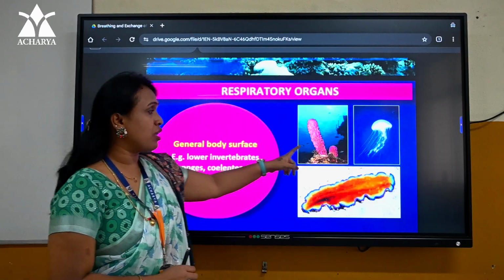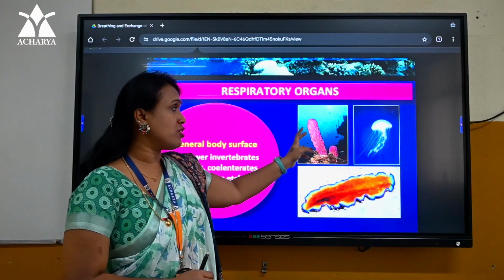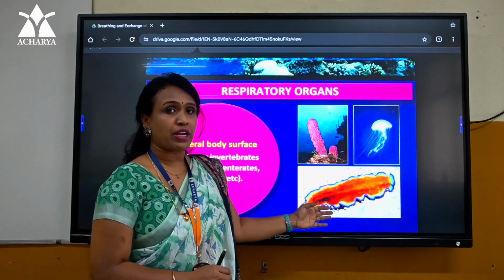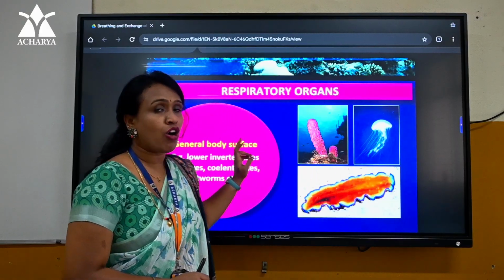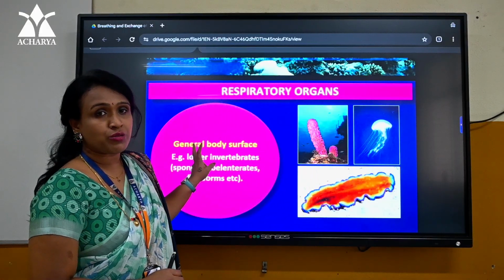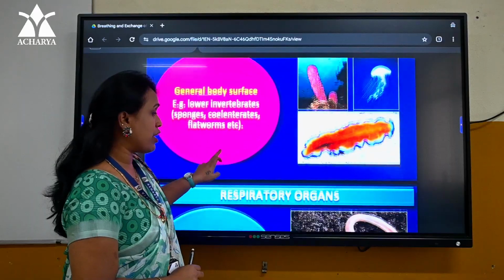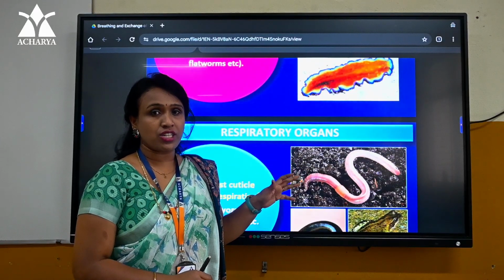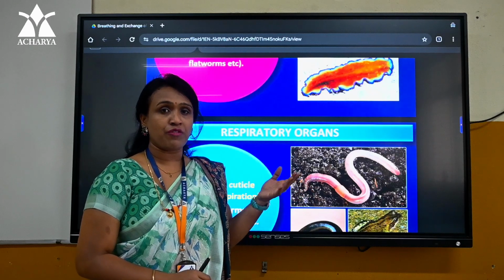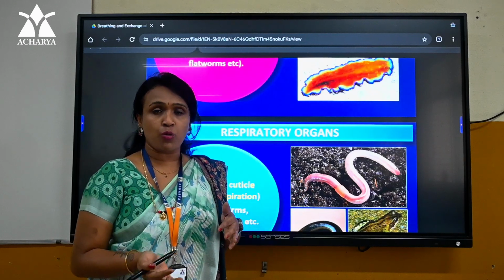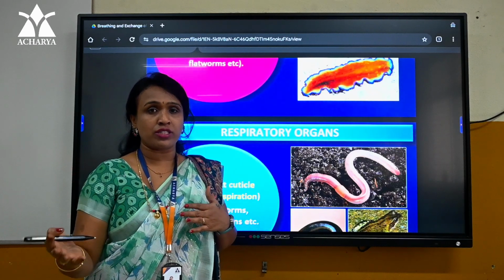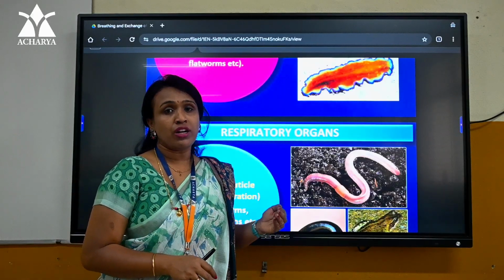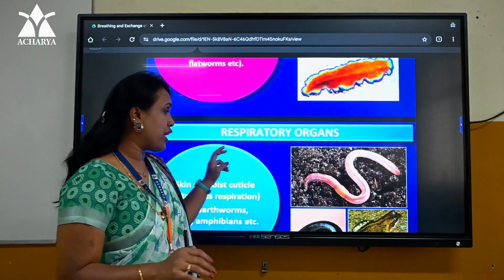For example, poriferans, that is sponges, jellyfishes that belong to coelenterates, comb jellies and flatworms that belong to platyhelminthes all exchange gases through their general body surface, where they are indirectly in contact with water in which oxygen is dissolved, and the carbon dioxide from the body escapes into the water. Due to the concentration difference, oxygen diffuses from the higher region to the lower region. Simple diffusion takes place.